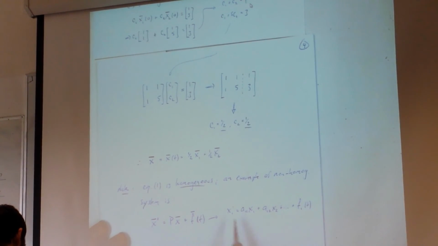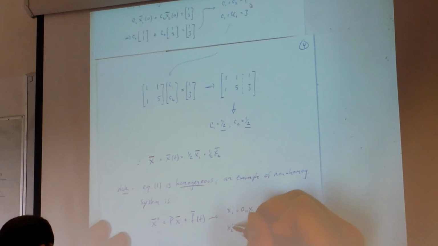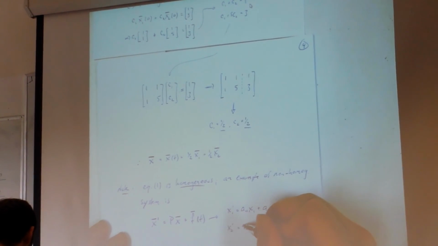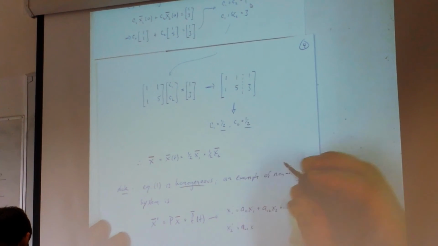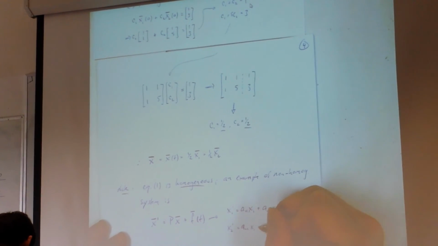The other equation would be a21 x1 plus a22 x2 plus f sub 2 of t.